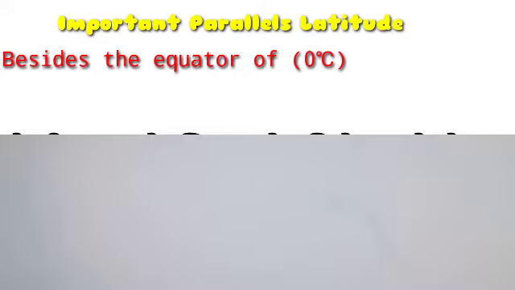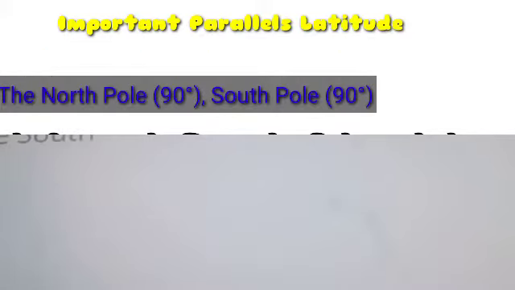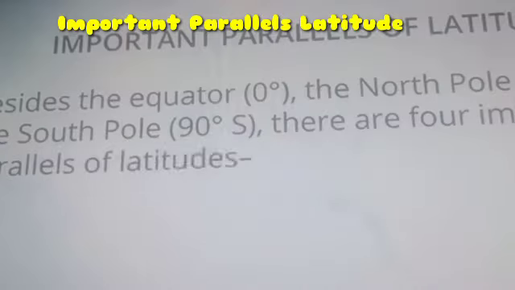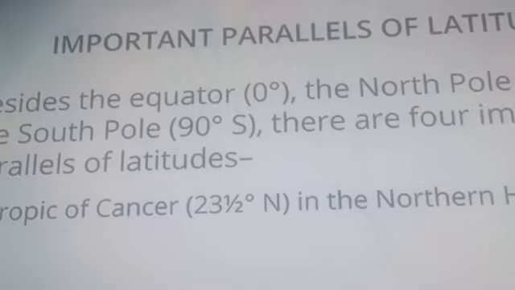Besides the equator, which is 0-degree latitude, the North Pole, which is 90 degrees north, and the South Pole, which is 90 degrees south, there are 4 important parallels of latitudes. Tropic of Cancer, that is 23.5 degrees north in the northern hemisphere.